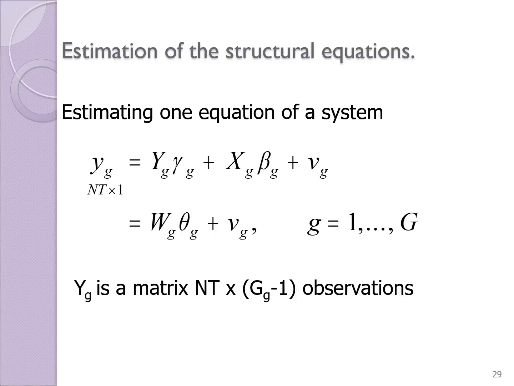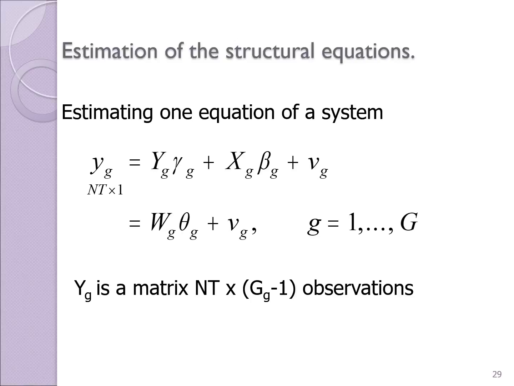If you look at a specific notation here, we have a dependent variable, y_g. We try to explain it with other variables that are endogenous but are not the dependent variable here, which is capital G, several of them.